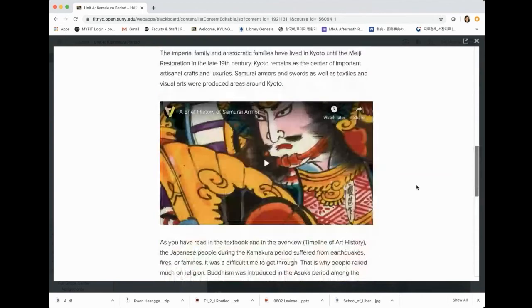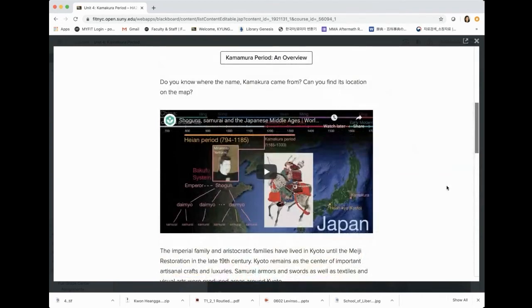Basically, the Kamakura period is when ordinary citizens of Japan, meaning not aristocrats or the imperial family, but somebody humble and ordinary, like merchants, farmers, and low-class warriors, ordinary citizens like you and me, are starting their devotion to Buddhism.